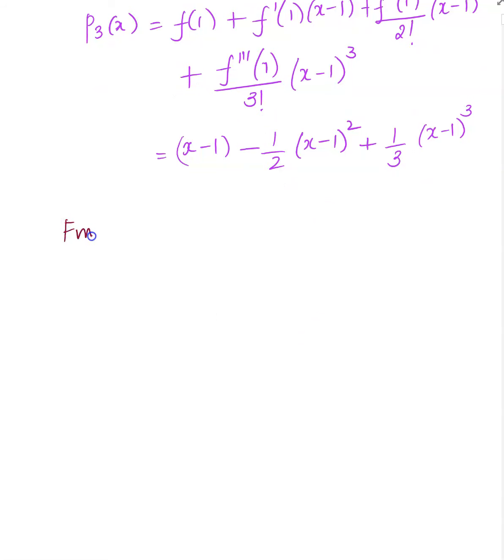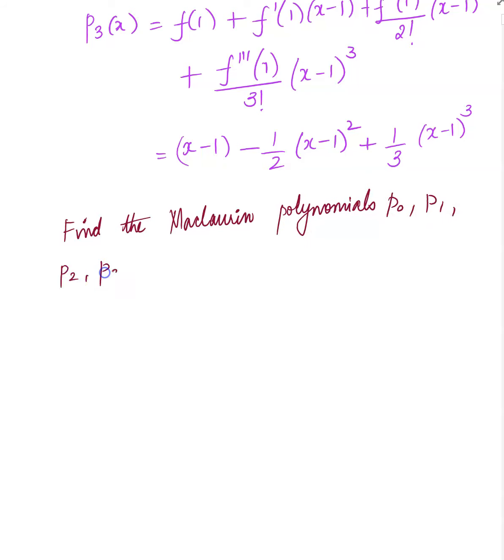The next question says, find the Maclaurin polynomials p0, p1, p2, p3, and write a formula for the nth polynomial.